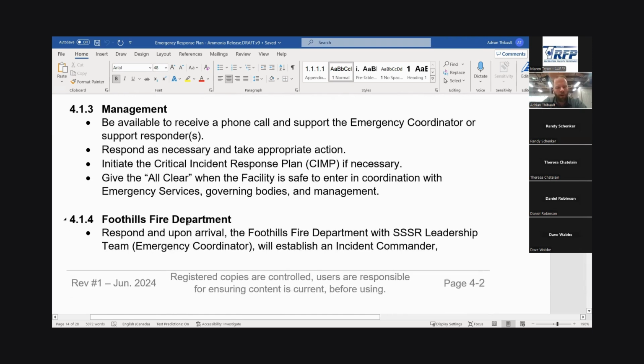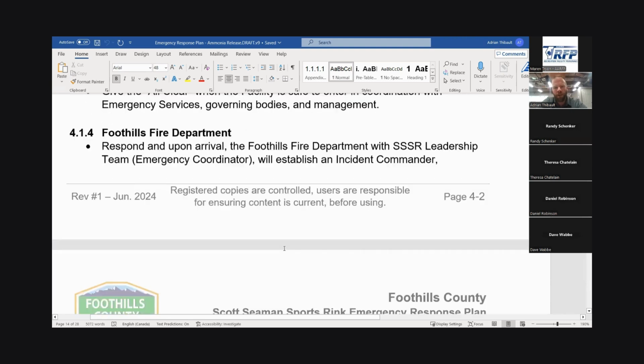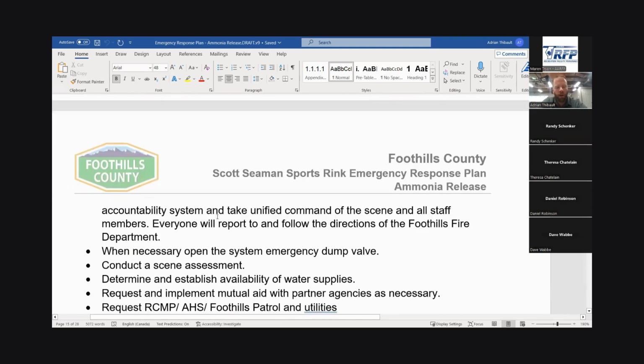And then Foothills Fire Department, your emergency services people, are going to correspond with our leadership, the emergency coordinator, and they're going to establish an incident commander, and they would take a unified command of the scene.